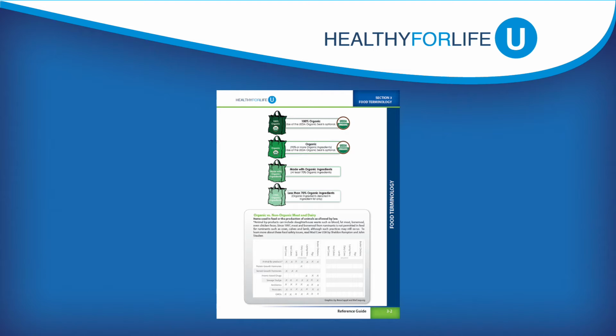That graph gives you a really quick snapshot of, first and foremost, what does organic mean anyways? What's the true definition? And secondly, what things an organic crop cannot be exposed to in the growth process.